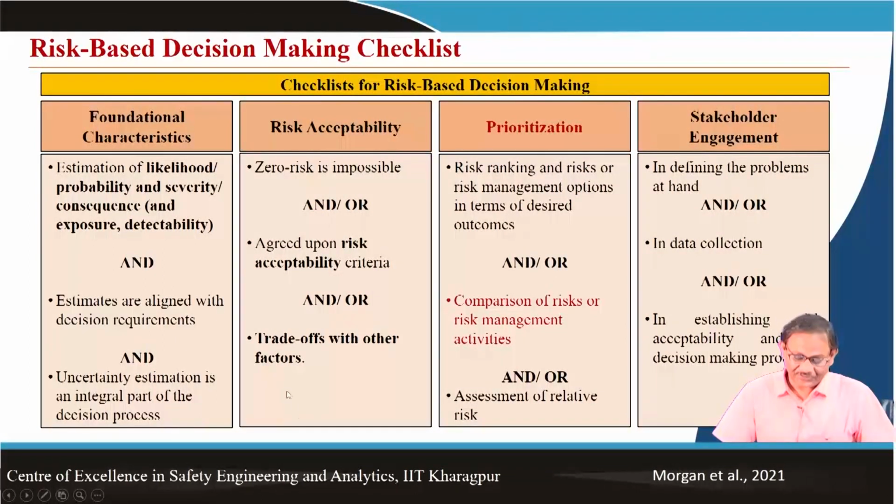So here I will show you prioritization as well as comparison of risk of accident paths or incident paths. You can easily convert this to actions also. The procedure I am discussing is applicable for prioritizing different risk management activities.